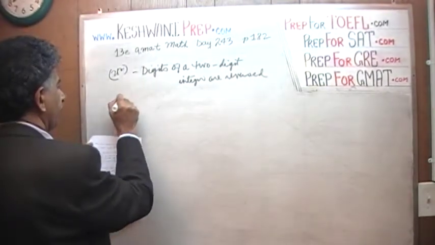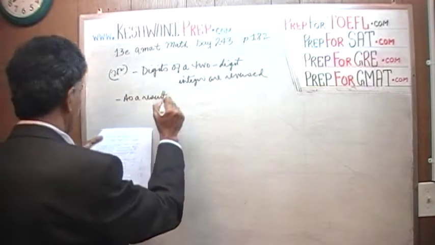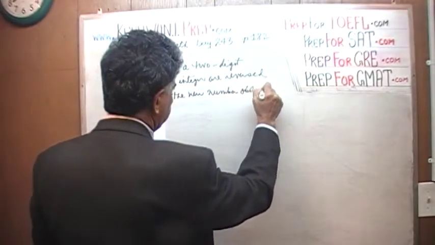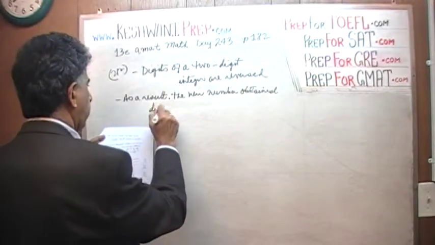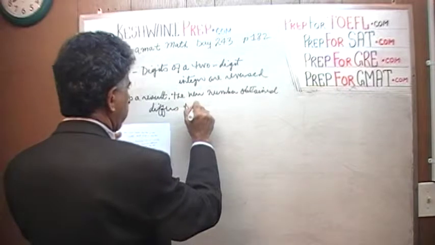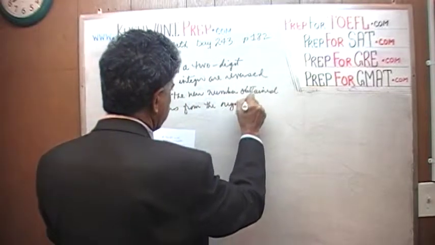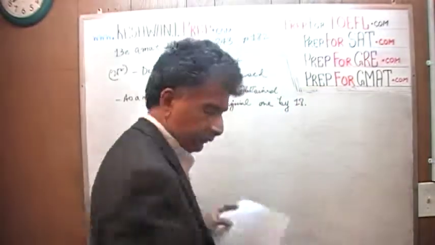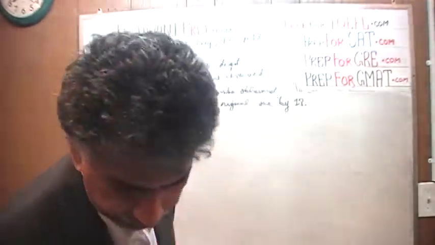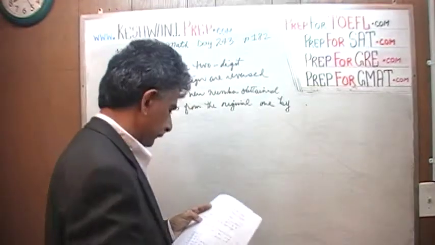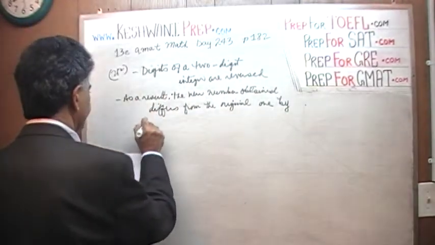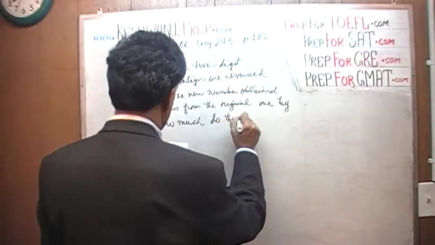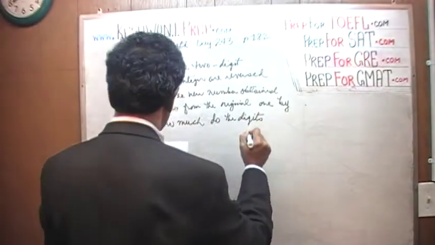As a result, the new number obtained differs from the original one by some amount. By how much do the digits differ?